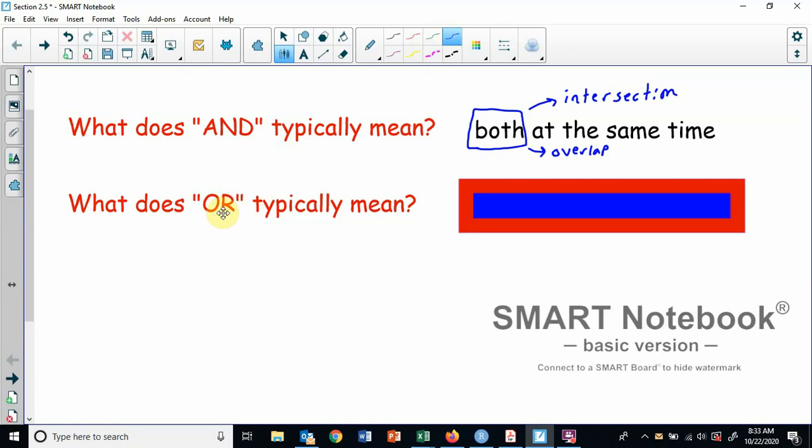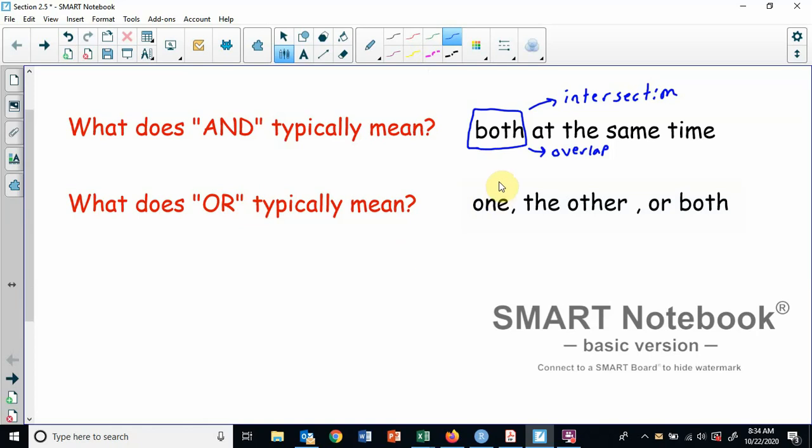Well, or typically means, so if he says he's good looking or rich, he could be good looking, he could be rich, he could be both. But at least one of them has to be going on. So one, the other, or both. Okay? The mathematical word for this one is a union.